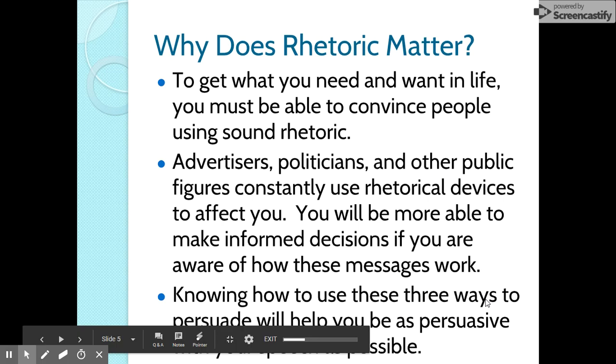Rhetoric matters because to get what you need and what you want in life, you must be able to convince people using sound rhetoric. Everyone, from advertisers to politicians, other public figures, will constantly be using rhetorical devices to affect you. You'll be able to make more informed decisions if you are aware of how these messages work, meaning that knowing how to use these 3 ways to persuade will help you be as persuasive as possible.